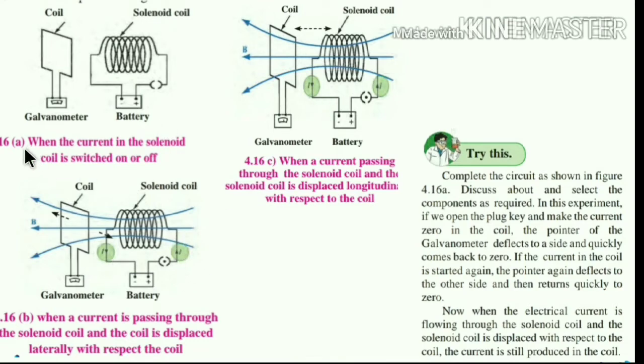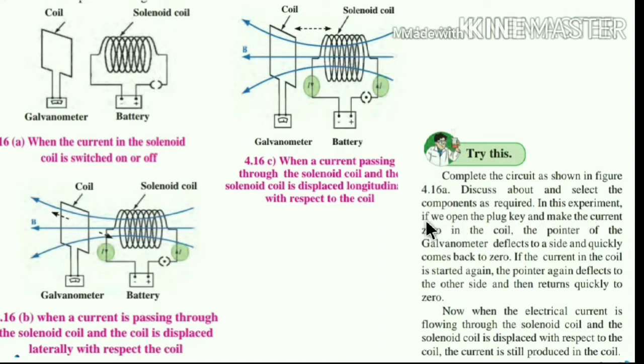In the first part, figure 4.16a, we see the effect on this coil when the current in the solenoid coil is switched on or off. When we switch the current on and when we switch it off, the effect on this coil is shown by this galvanometer.